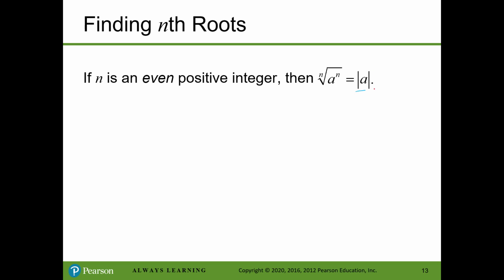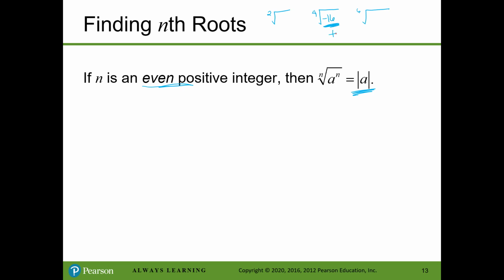It's interesting. You're like, why are these absolute values here? Can I take the even root, a square root, a fourth root, a sixth root? Can I take the square root of a negative number? We just tried this one. Could we do it? You're right, we could not. So we need to make sure the number underneath here stays positive at all times.